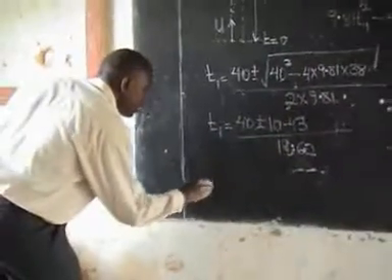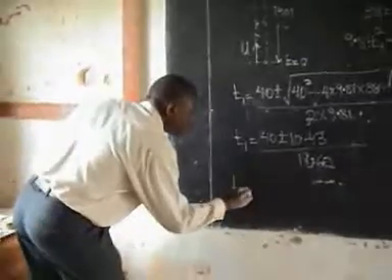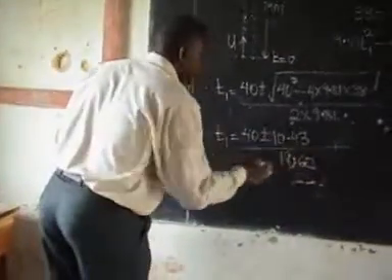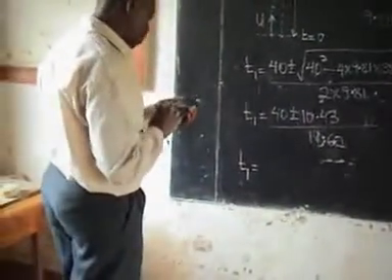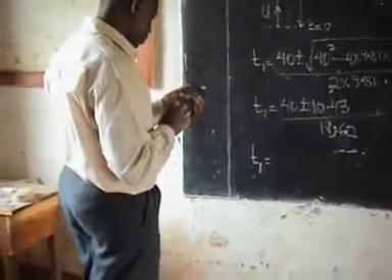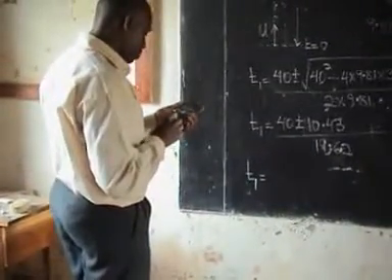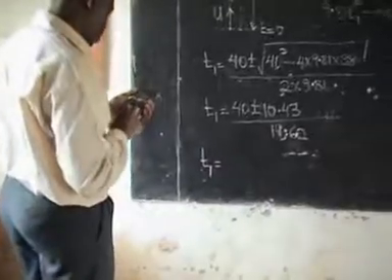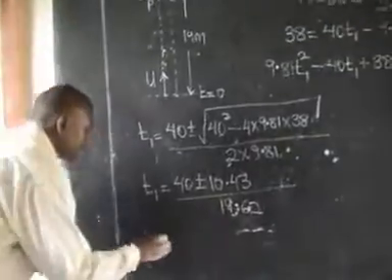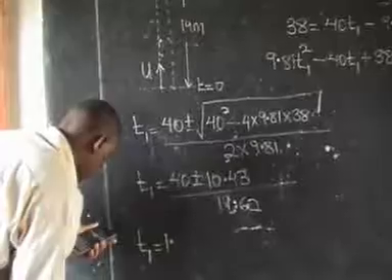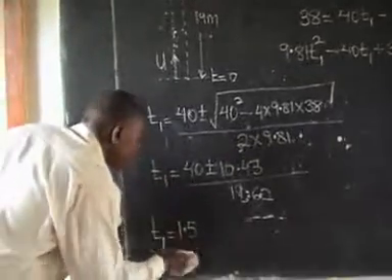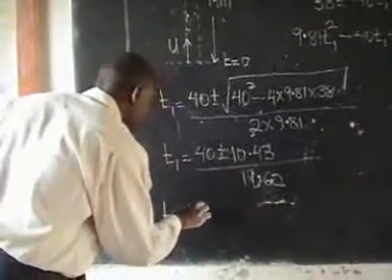So we shall have the first value, if I'm to call it t1. I'm going to take the minus, so it is 40 minus 10.43 divided by 19.62. So it's giving me 1.5 seconds.